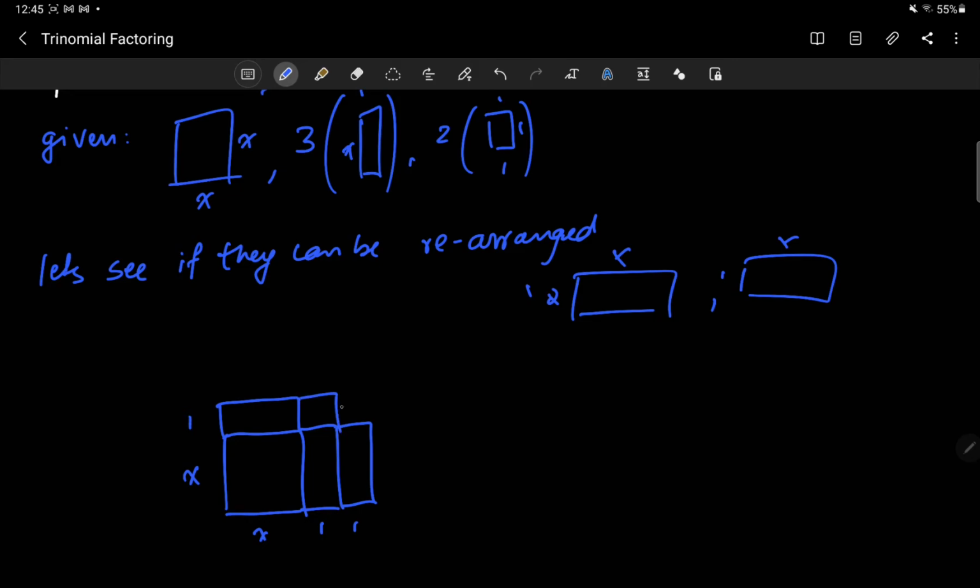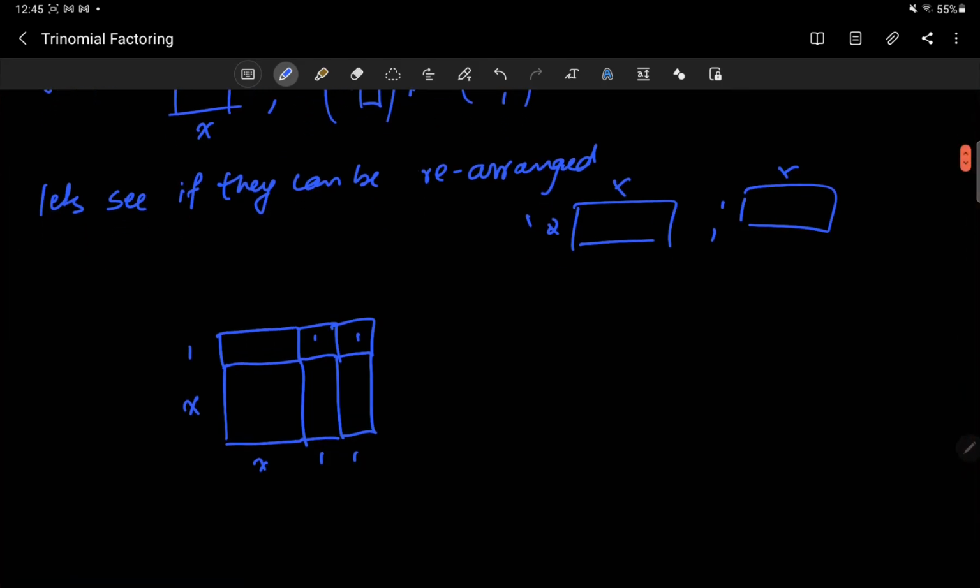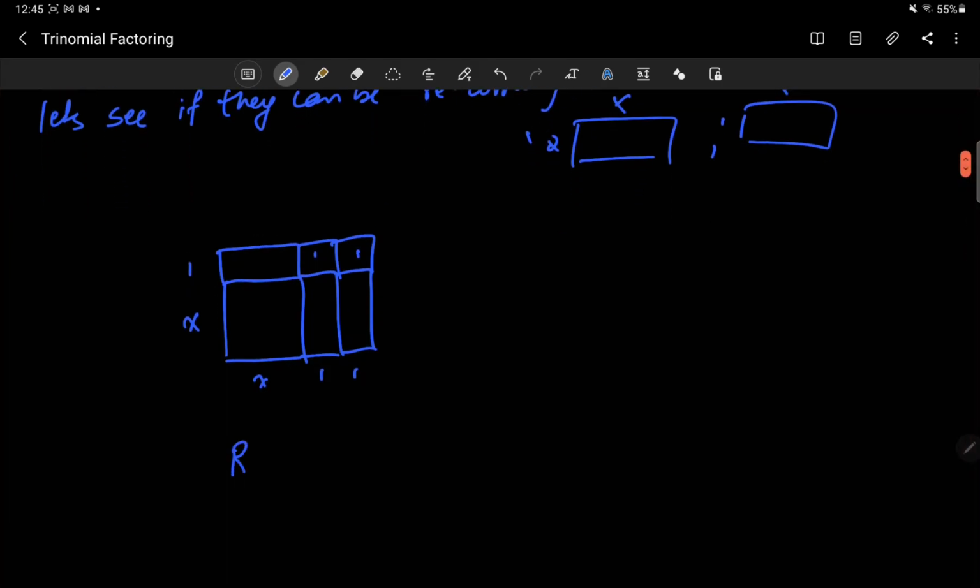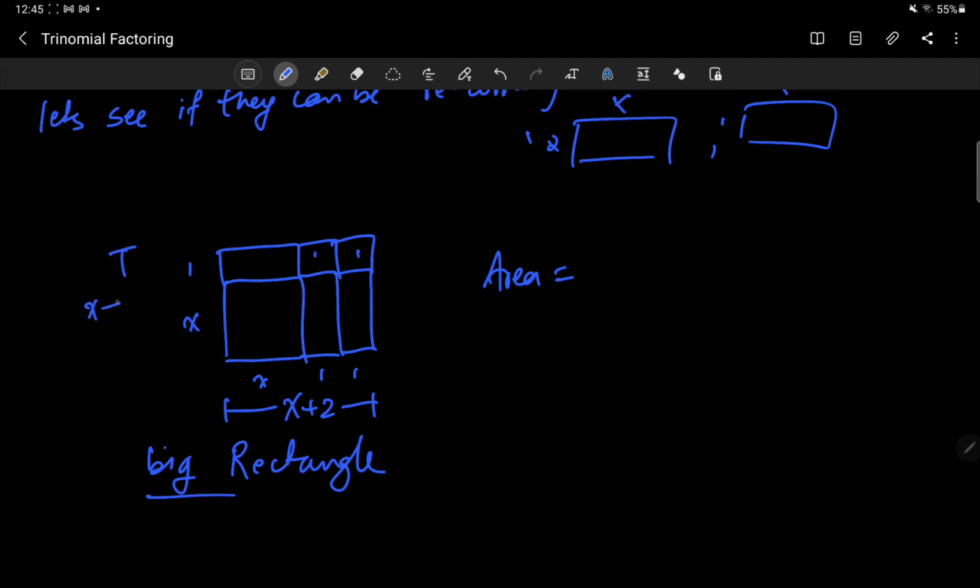And when I do that, I can perfectly fit the other 1 by 1 squares here, and in this rearrangement I get a big rectangle. Now what is the area of this big rectangle? That's going to be this side, which is x plus 2, times this side, which is x plus 1.